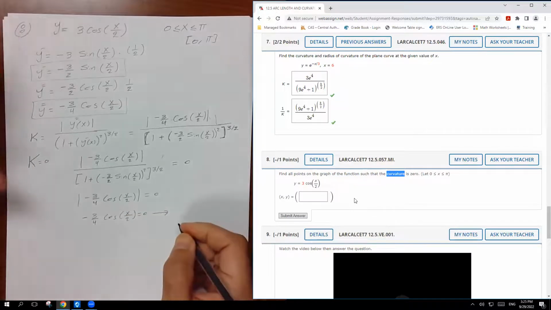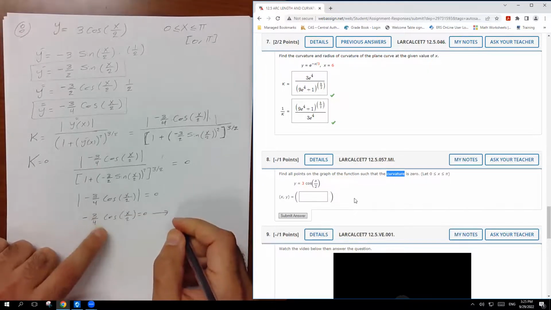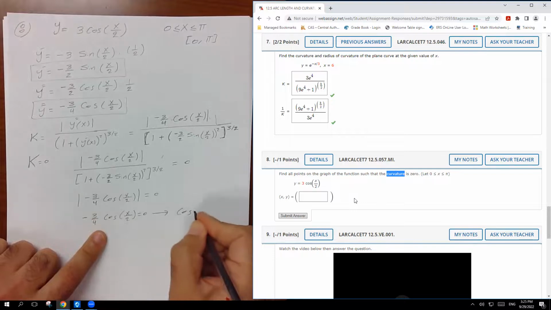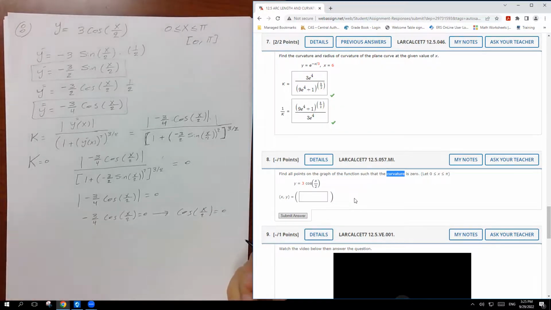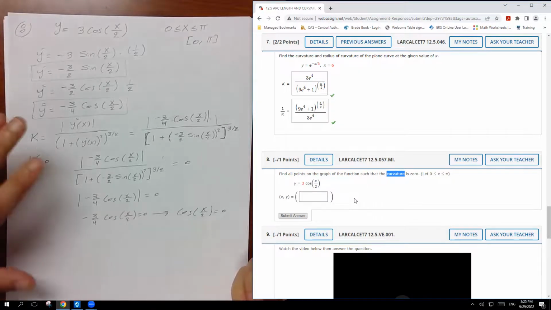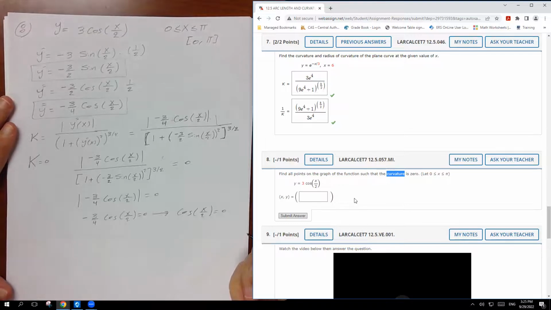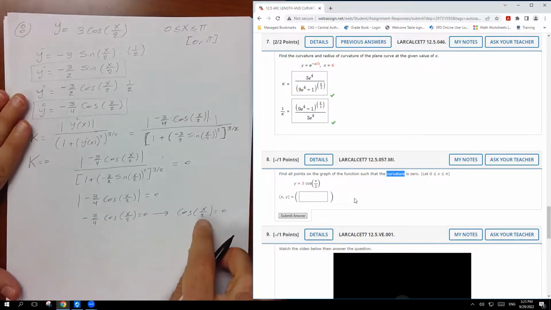That means from here, divide both sides by negative 3 over 4, so cosine x over 2 is going to be equal to 0. Cosine equals 0 if and only if the angle equals certain values, but we need to find how much the angle is.